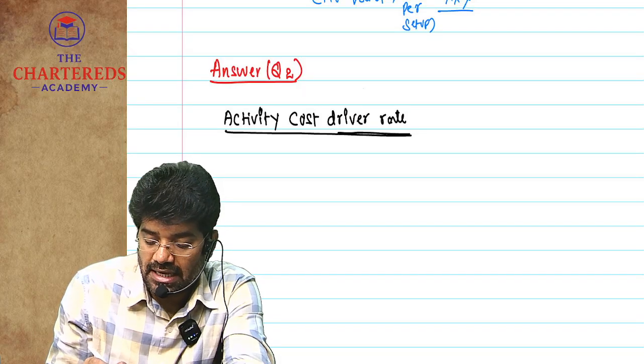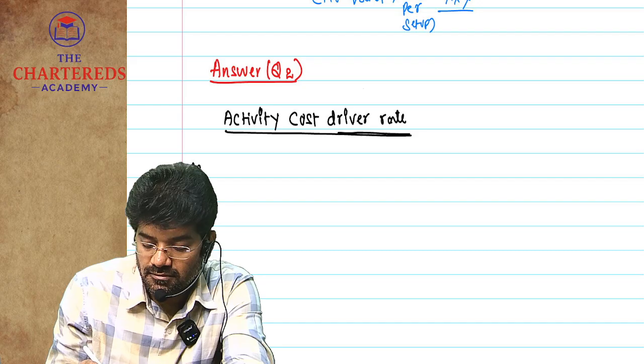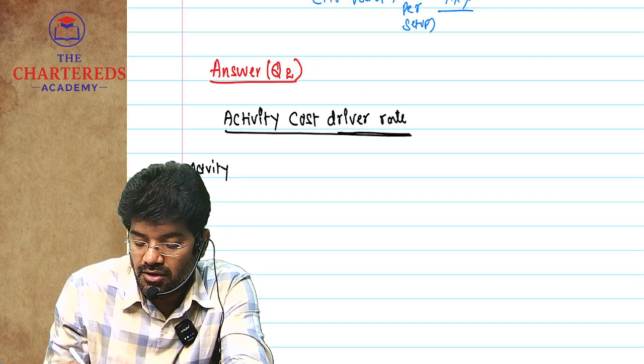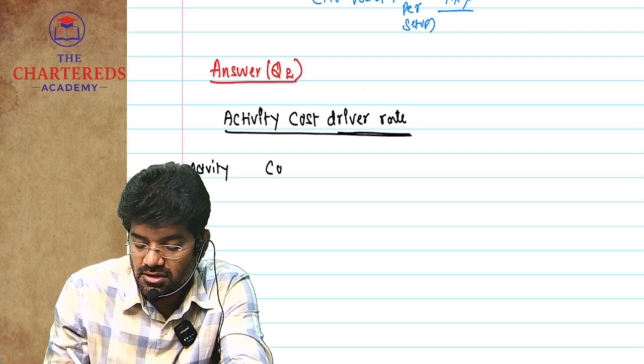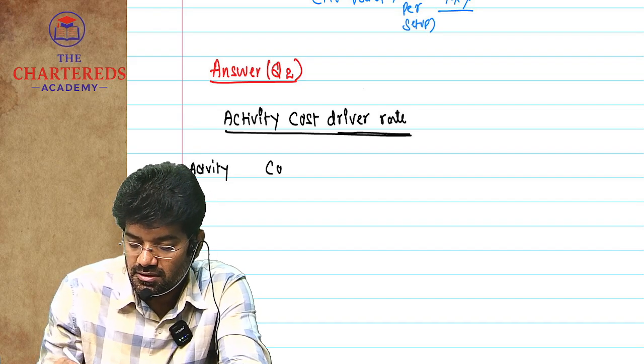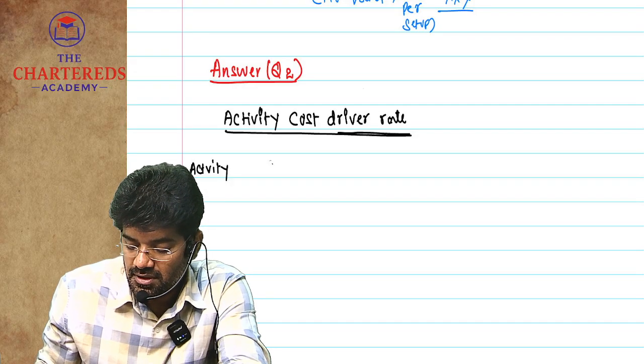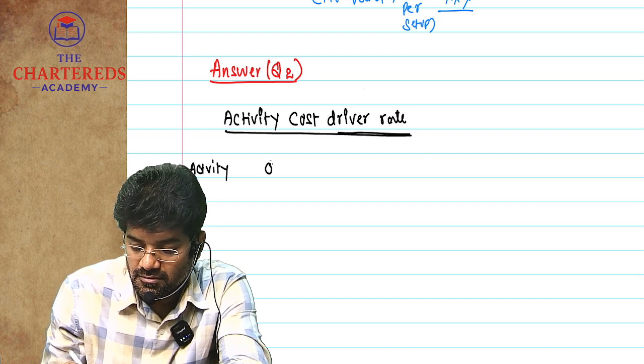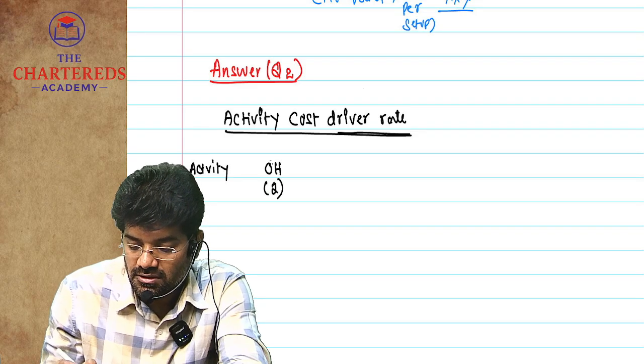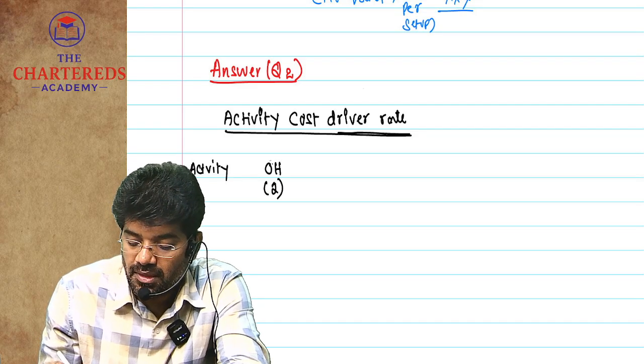First is activity, then activity cost, its cost, nothing but overheads. What is activity cost here? The overheads of the activity in rupees. Then what is the cost driver for that activity?